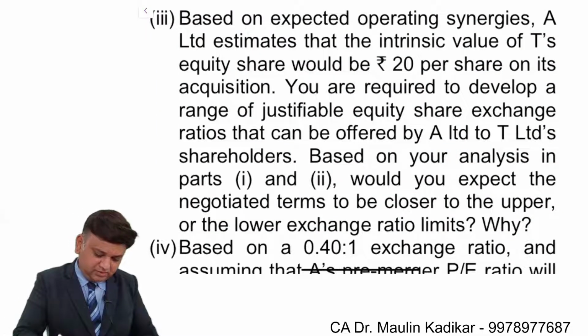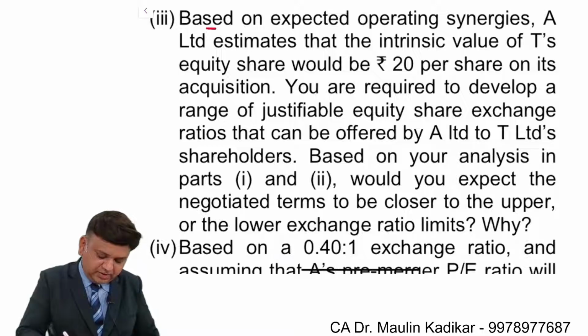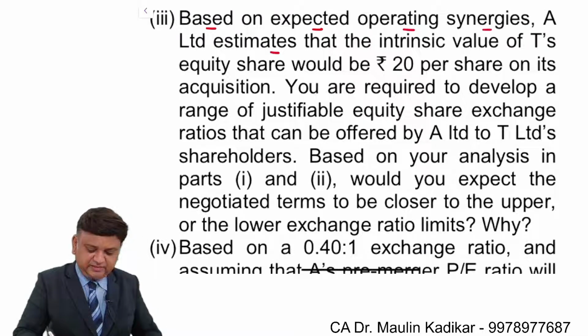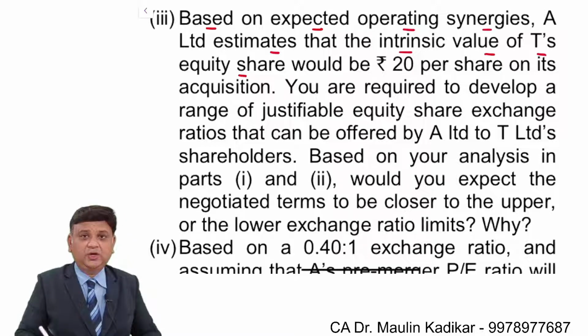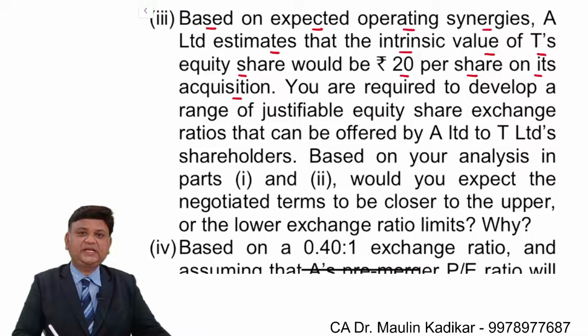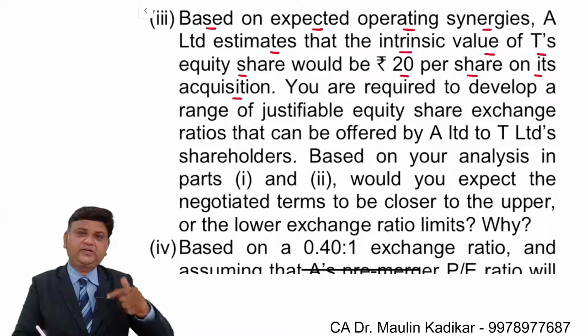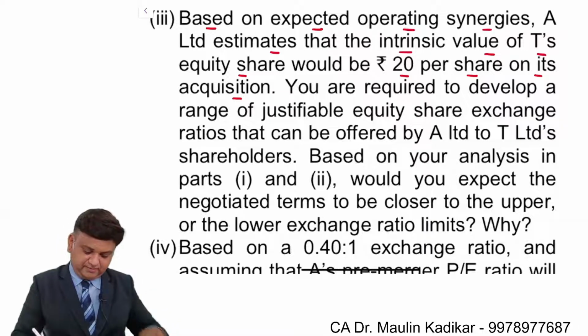Next question. Based on expected operating synergies, A Limited estimates that the intrinsic value of T Limited's equity share would be 20 rupees per share on its acquisition. Means the question says that the acquiring company can afford to pay 20 rupees per share for acquisition of the target company.